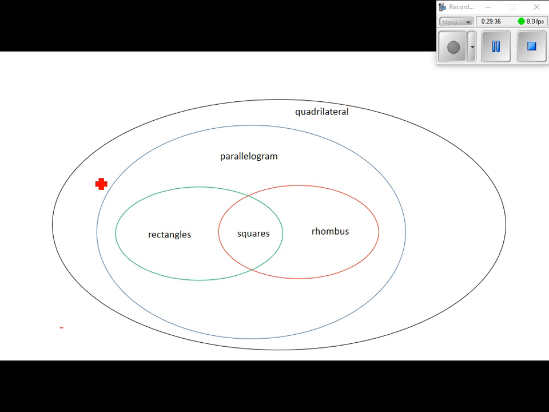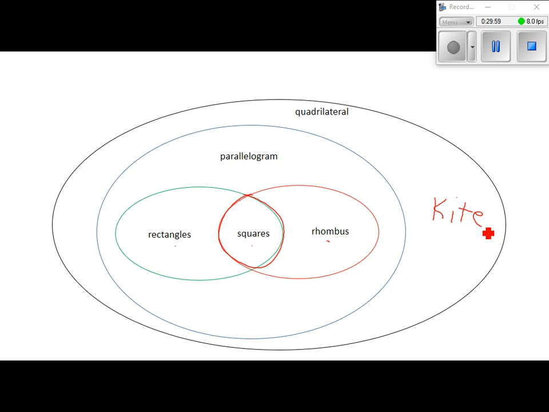If we wanted to use a Venn diagram, all these are quadrilaterals. You can check, see if it's a parallelogram. You can check, see if it's a rectangle. Check, see if it's a rhombus. Notice how rectangle and rhombus have this middle part here. If it's both a rectangle and a rhombus, then it's a square. A kite could be out here somewhere.